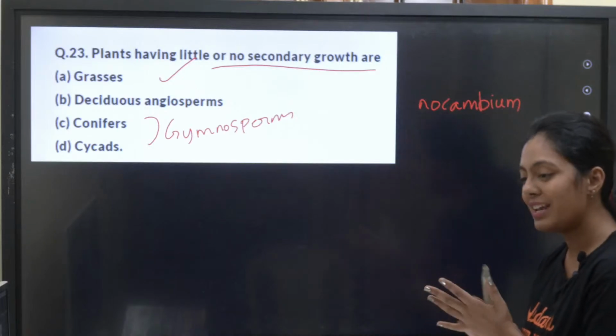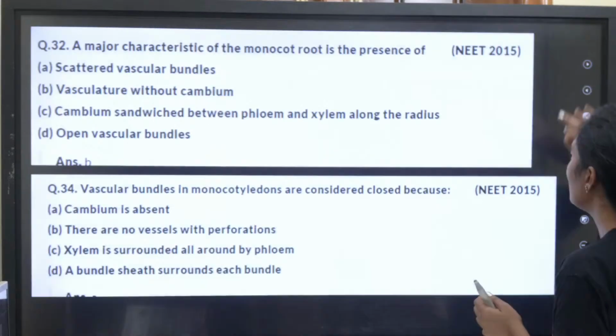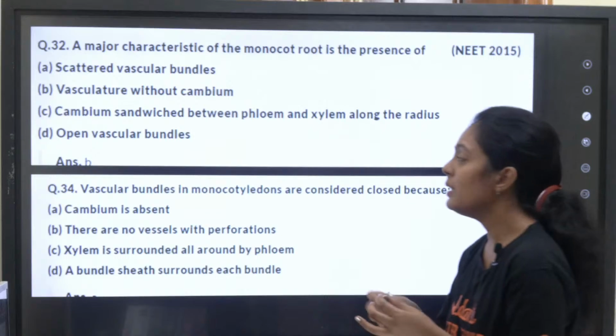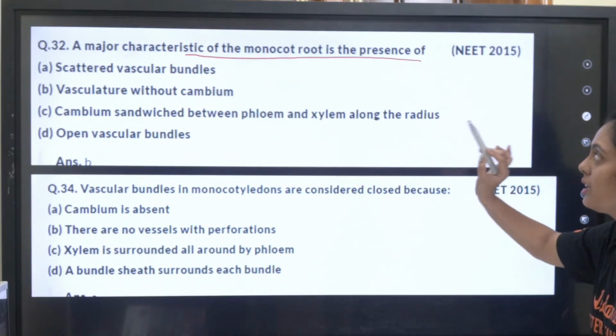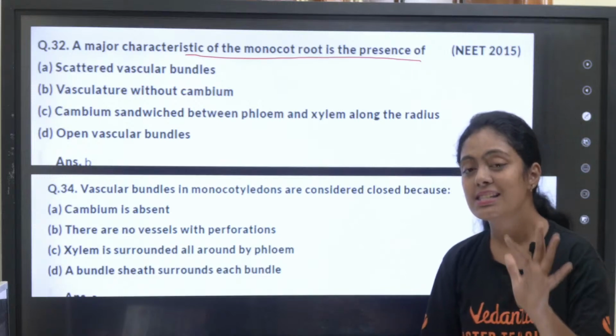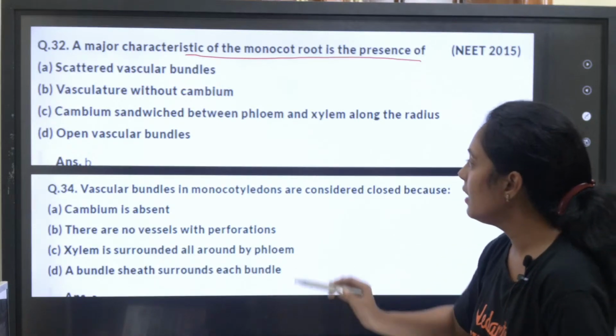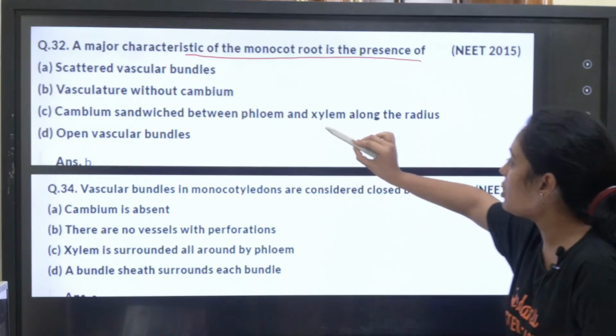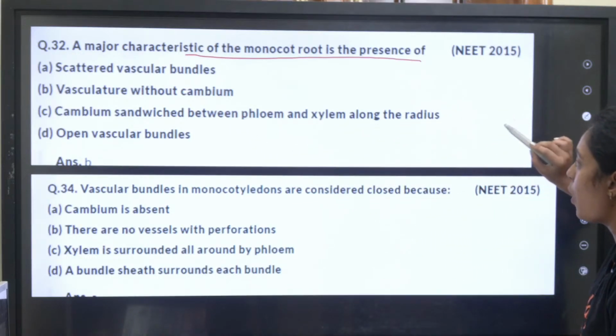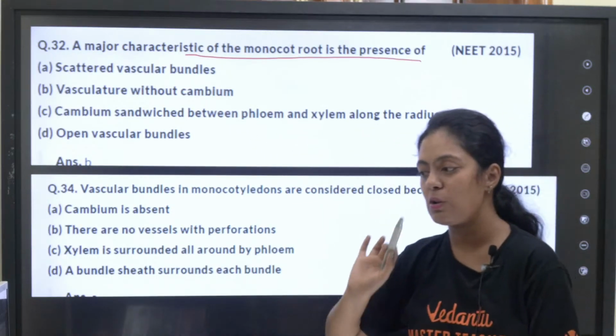Yes, very good. It is monocot. We have some more questions. The major characteristic of monocot root is the presence of scattered vascular bundle, vasculature without cambium, cambium sandwiched between phloem and xylem along the radius, open vascular bundle.